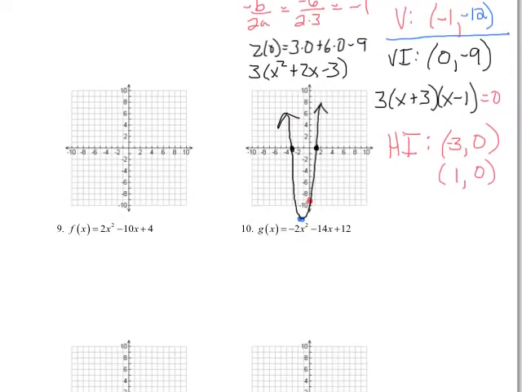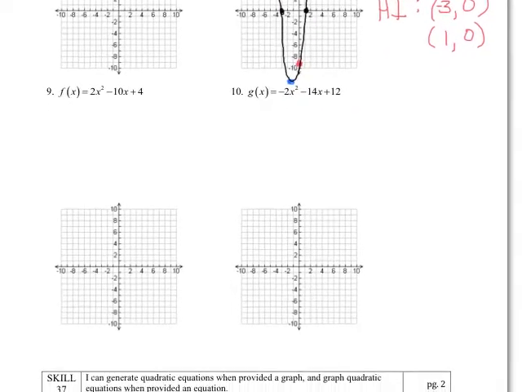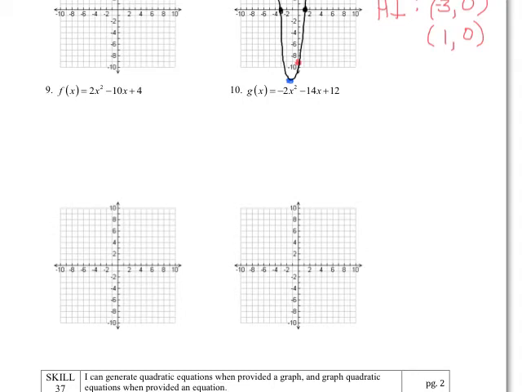Let's try it out on number 10. So our vertex again occurs at a point that would be -b over 2a. So -b over 2a is 14 over 2 times -2, which is 14 over -4. So that's reduced to -7/2.